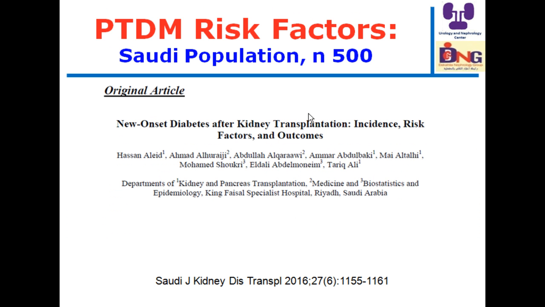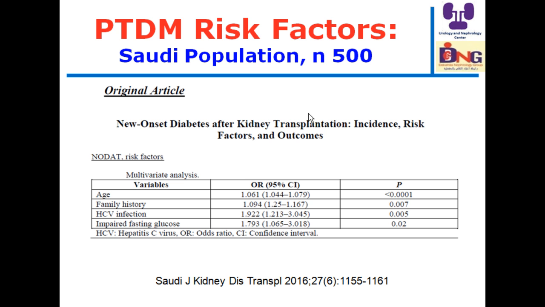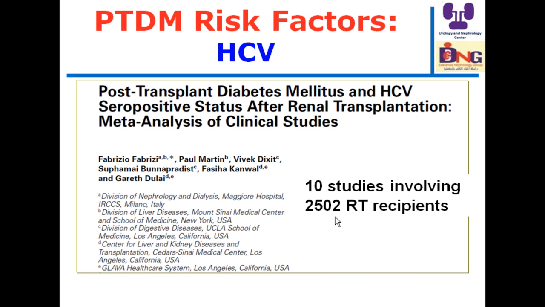Even in the Saudi population, including 500 renal transplant recipients, these are the risk factors for development of diabetes: old age, family history of diabetes, hepatitis C virus infection, impaired fasting glucose. All these are risk factors for development of diabetes. Regarding hepatitis C virus, this is one of the old studies.